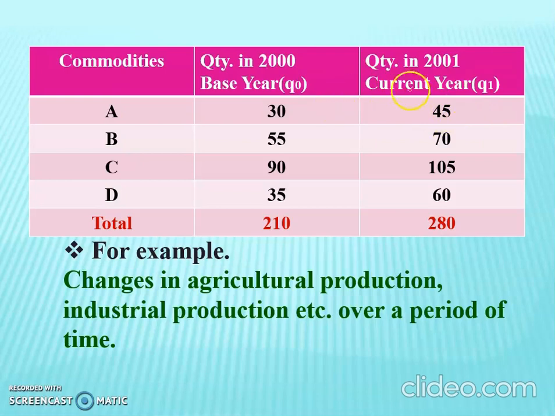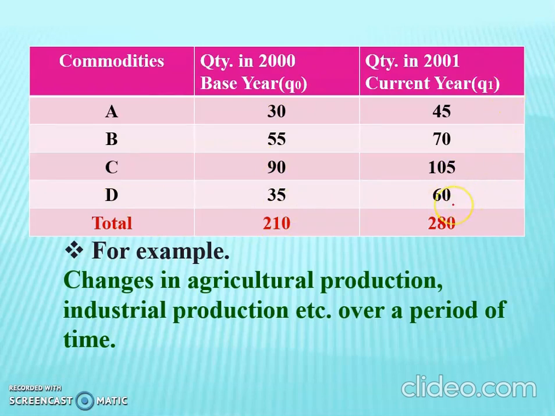Now we have to calculate these changes. Then for commodity B, the quantity is 55, it becomes 70. For commodity C it is 90, then in the current year it becomes 105. Then for commodity D in 2000, that is the base year, 35 is the quantity, and in the current year 60 is the quantity.